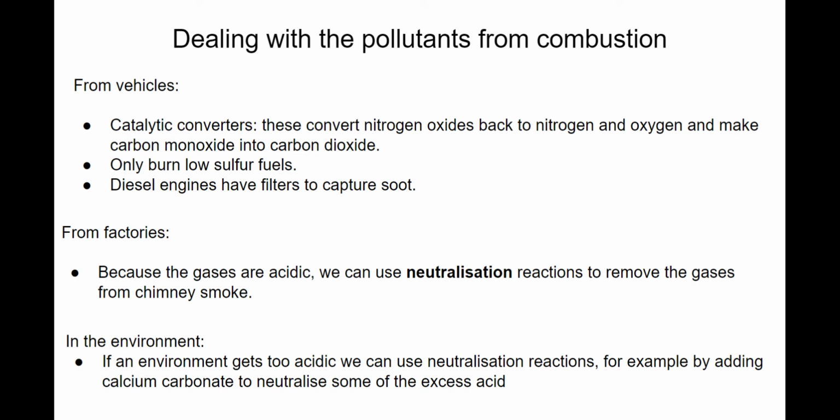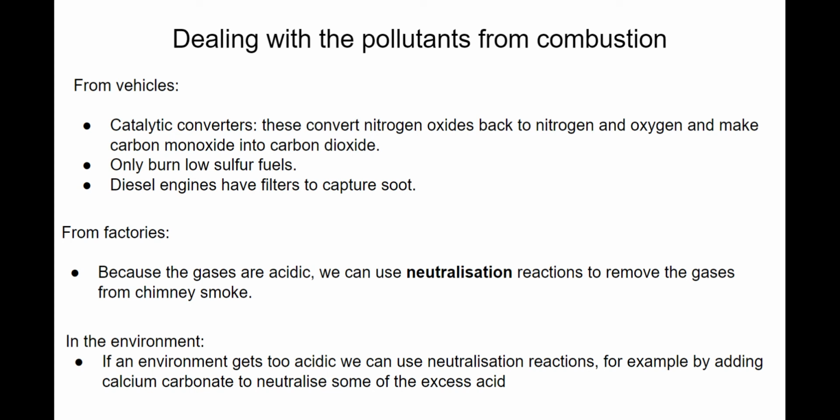In vehicles, we're only allowed to burn low sulfur fuels now, so fuels that don't have many impurities to begin with, and diesel engines have filters to capture the soot that is produced. If you're a factory, we can stop a lot of the acidic gases being released into the environment using neutralization reactions. We're not going to recap what a neutralization reaction is.